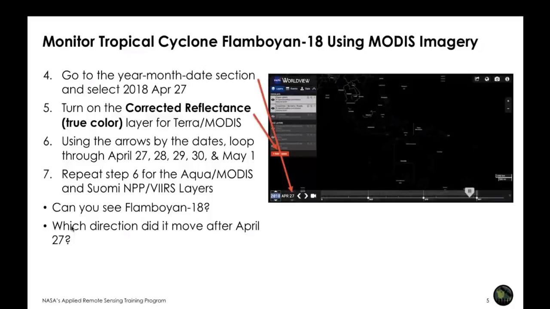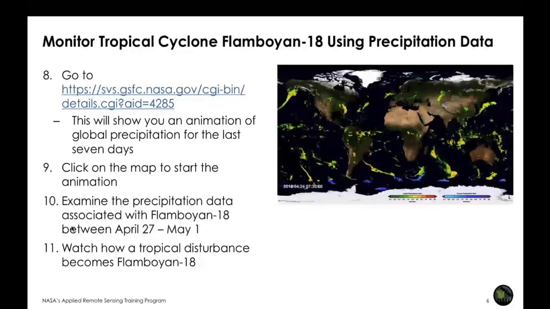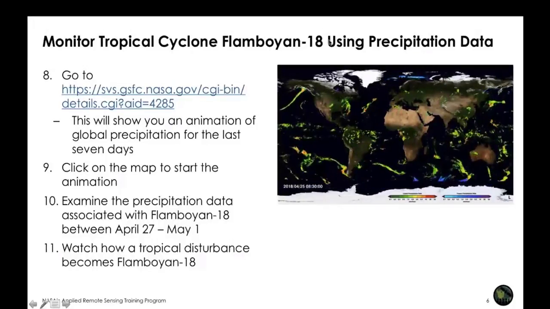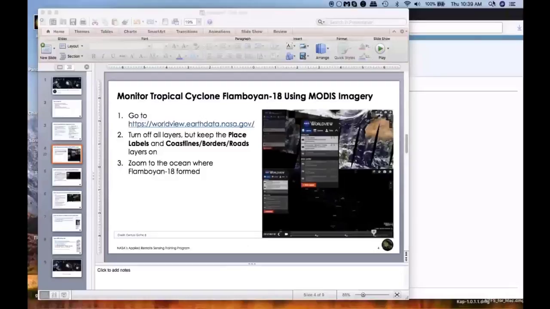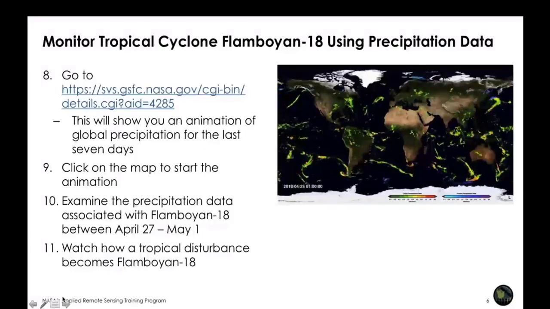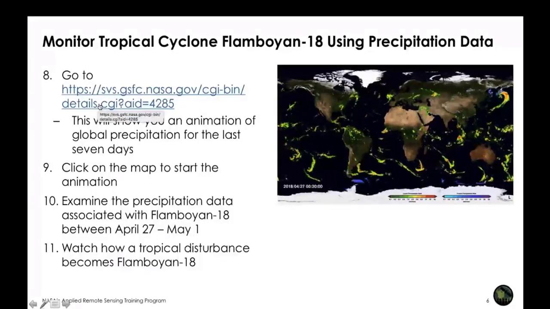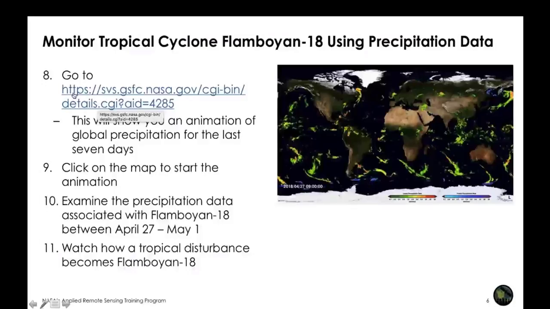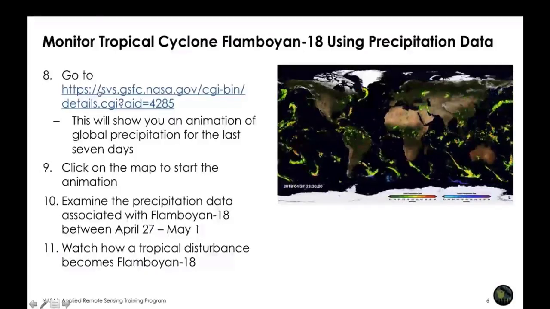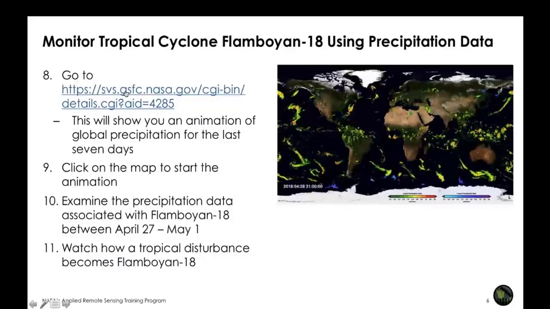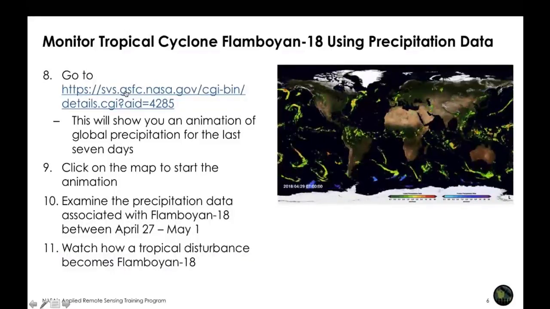Next is the GPM page. You can go to the website provided here that shows an animation of precipitation in the last 7 days. As you can see, in this area you can see precipitation associated with Flamboyant.